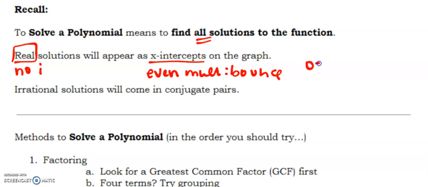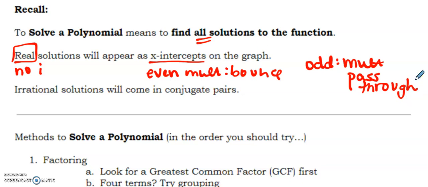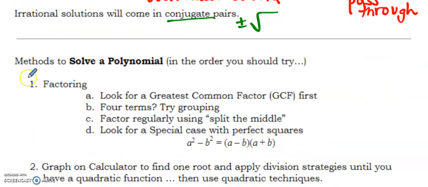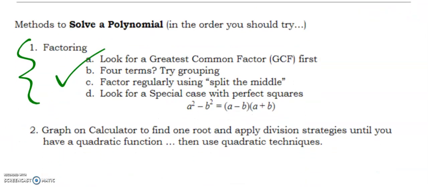If you have an odd multiplicity, then we pass through. Sometimes we'll flatten out or level off a little bit too if that odd number is greater than 1. Irrational solutions will come in conjugate pairs, so we will always have the plus and minus in front of an irrational square root answer. So we worked on all of this yesterday. We should feel good about that. If not, you might want to go back and rewatch the video.